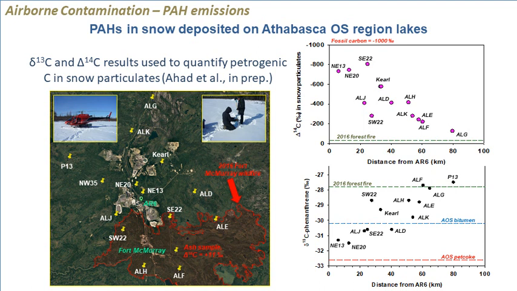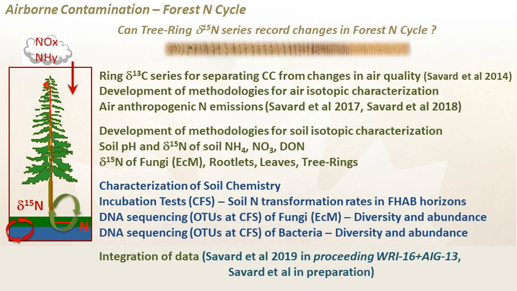Going to the next one. Air contamination by N species emitted by the mining operations. We had a lot of work to do in order to evaluate if the delta N15 values in tree-ring series could be used as an indicator, as an archival system for having a retrospective look at the change in the boreal forest N cycle.